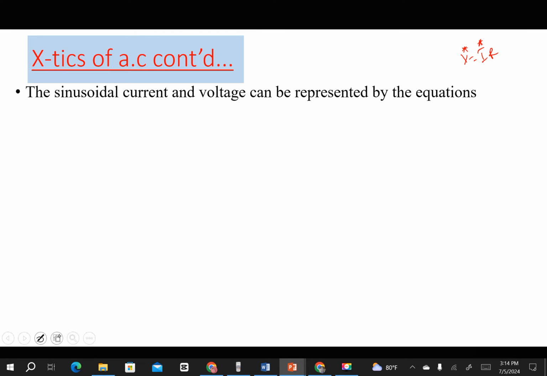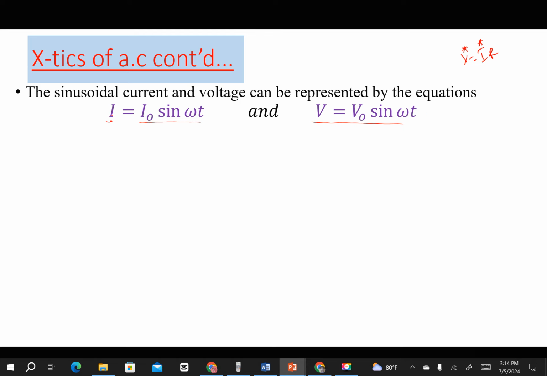Therefore, the alternating current and the voltage will have almost similar equations. Because it's following the sine curve, the alternating current is given by I equals I naught sine omega t, and the alternating voltage is given by V equals V naught sine omega t. What are these quantities?